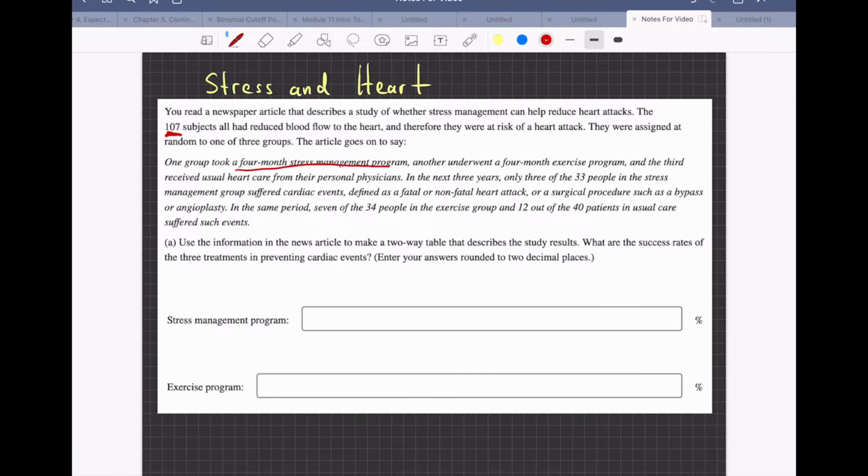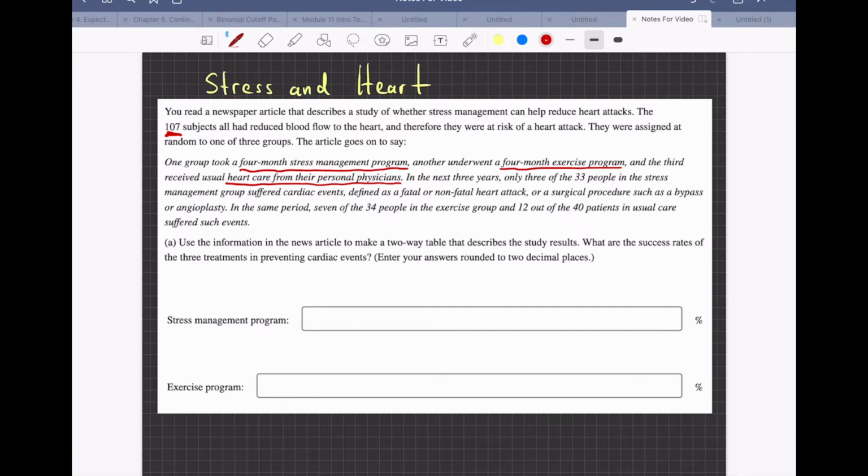Another underwent a 4-month exercise program. And the third received usual heart care from their personal physicians.